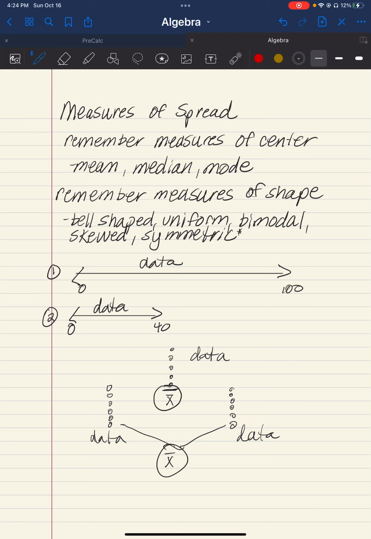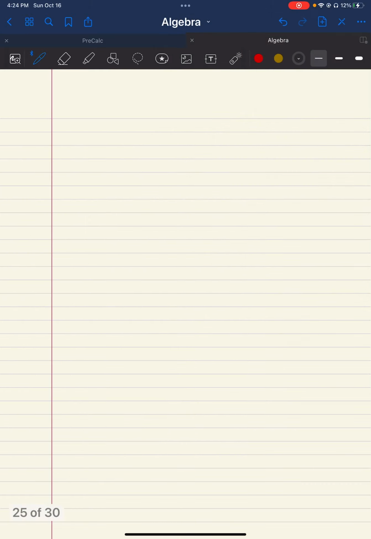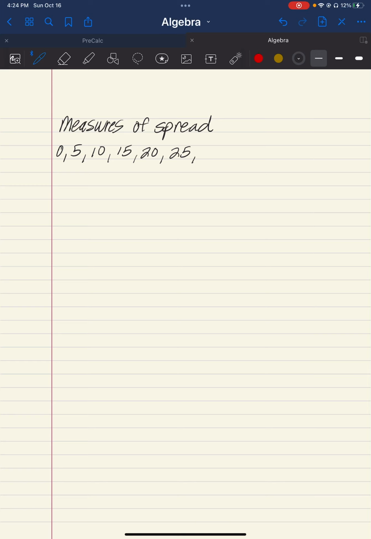There are three types of ways that we're going to measure spread. So let's say, measures of spread. And I'm going to give you a data set to work with. Here we go: 0, 5, 10, 15, 20, 25, and 30.